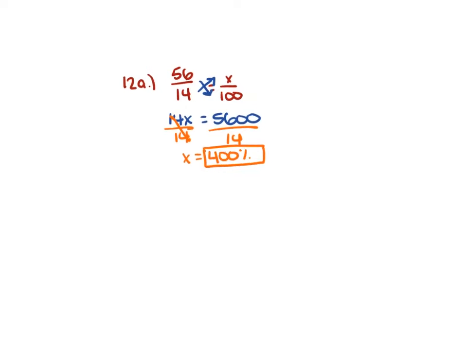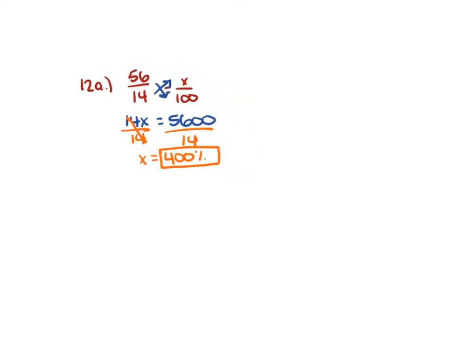For B, it tells us what percent of 1,500 is 120. So we are given our is and our of. Our is the 120. Our of is the 1,500. So 12B is going to be 120 over 1,500 is equal to percent, which we're finding, over 100. So we're going to cross multiply.